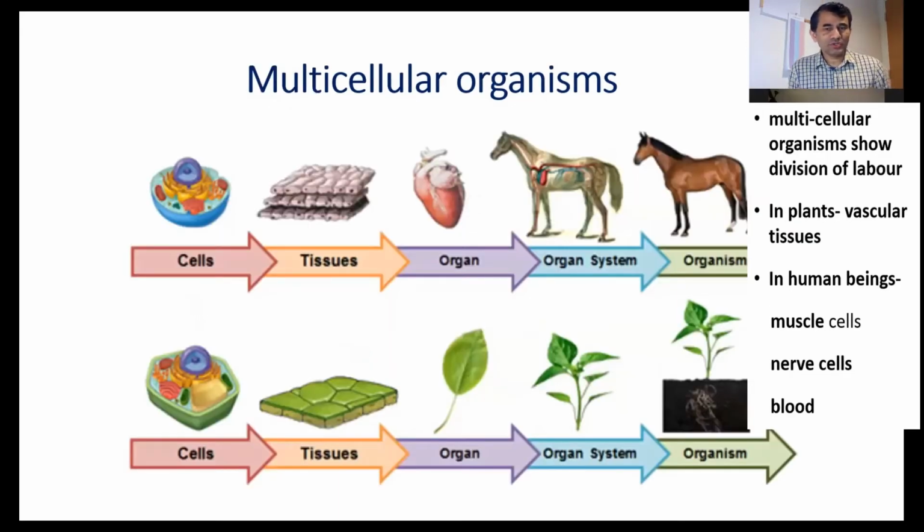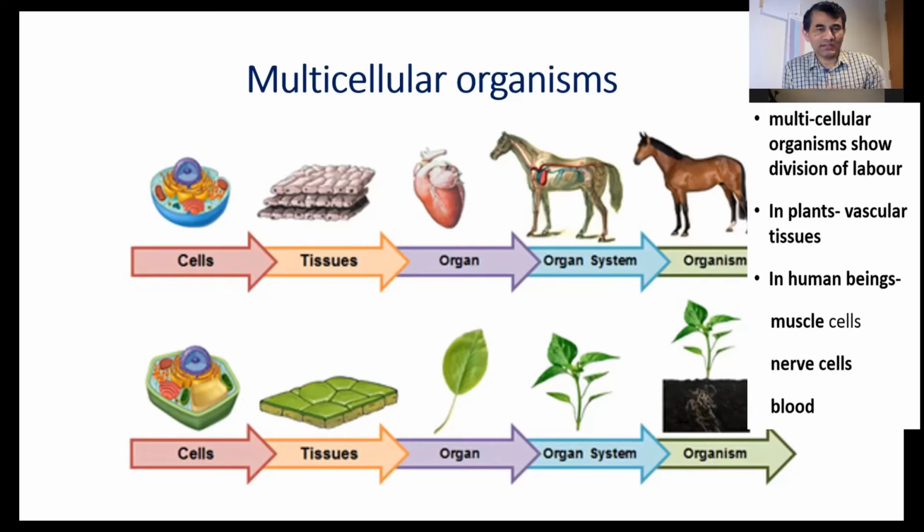But most of the organisms, living creatures we see, have got more than one cell. So they are multicellular organisms. Now, this slide here shows the organizational hierarchy. Hierarchy means they are arranged in order of their development, so steps of development.